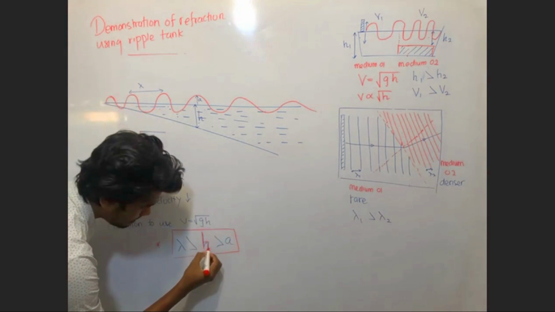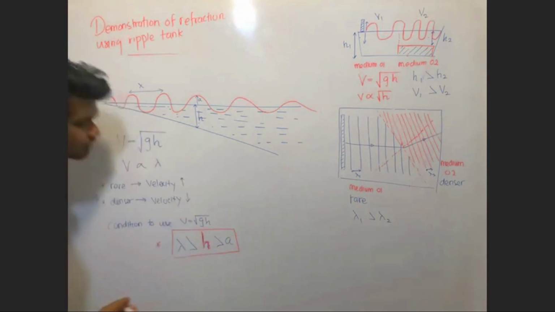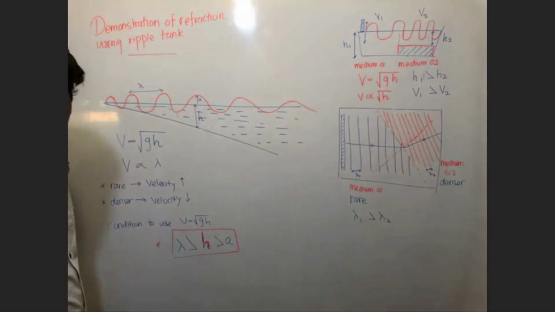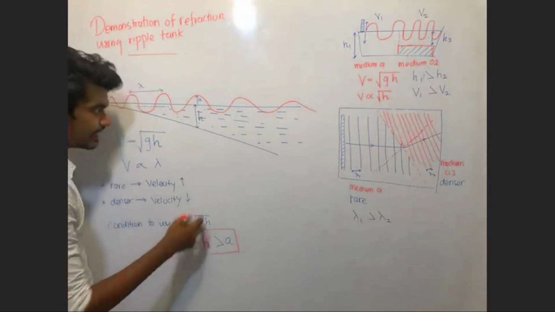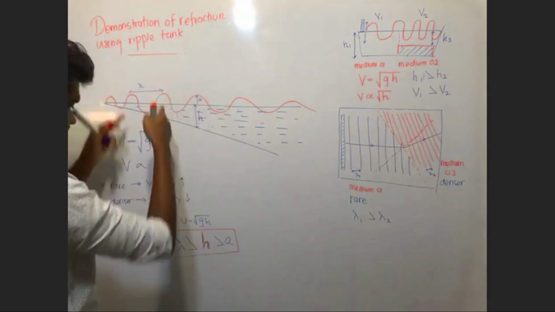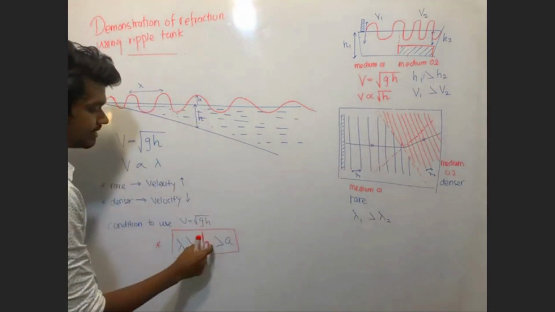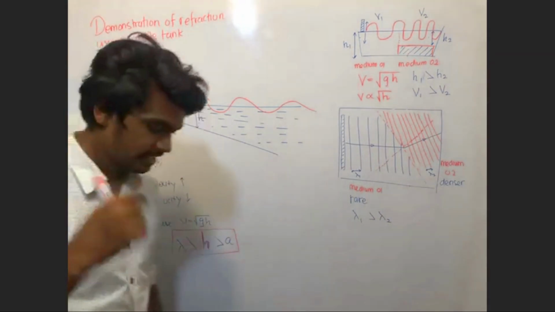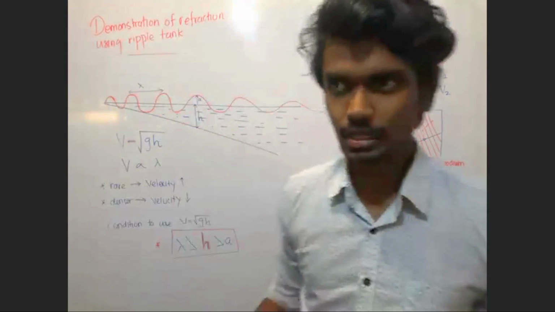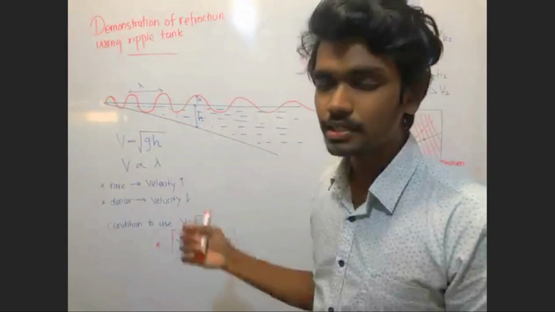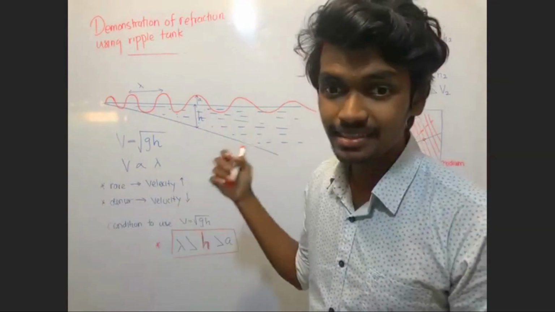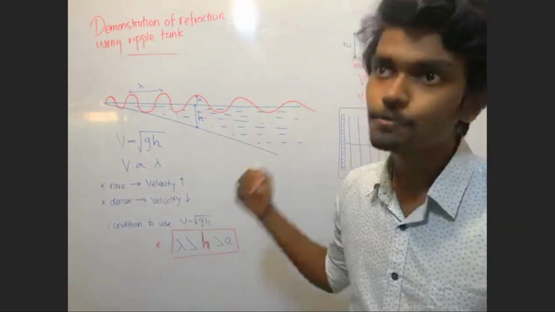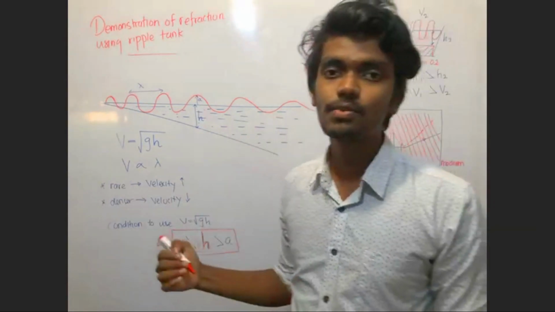The depth should be less than the wavelength, and this height should be greater than the amplitude. Definitely, they might ask this also. What are the conditions that the height should satisfy for you to apply the V equals root gH equation?